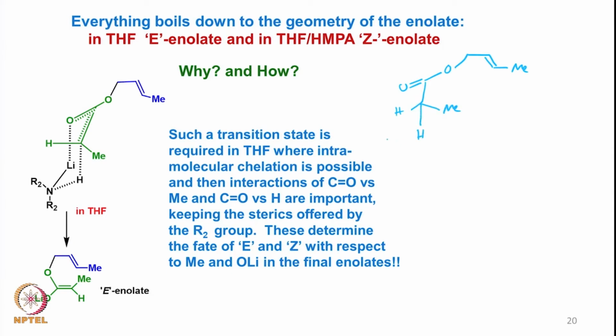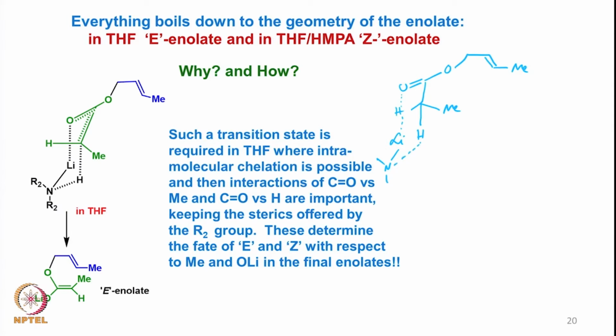Now, when the LDA, lithium diisopropylamide, comes in, you are basically trying to have the anion from the N, and the lithium first chelates with this oxygen here. This is what is required here, so something like this can be anticipated.